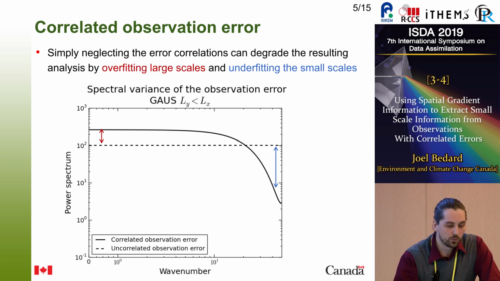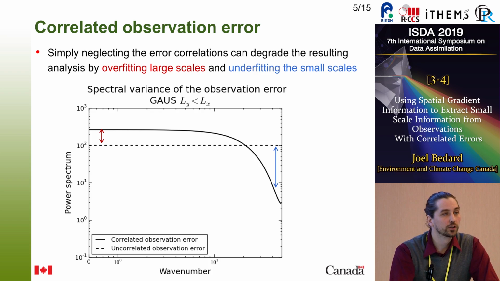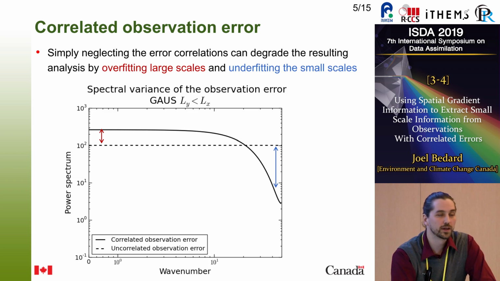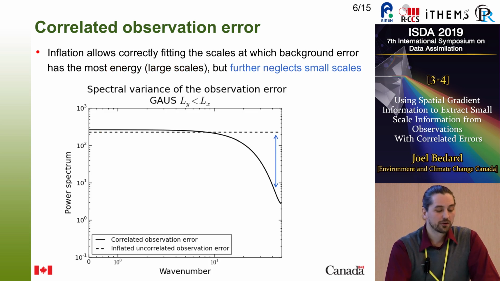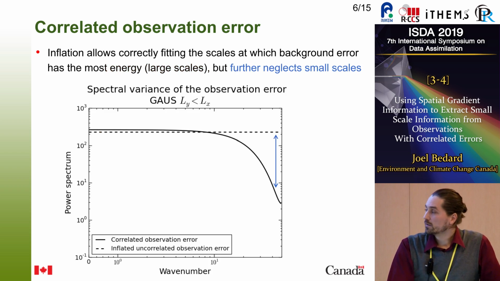And when we make the assumption of uncorrelated observation error, it's like specifying the same error value for all wavenumbers. By doing so, we overfit the large scales, which we see in the red, and we underfit the small scales. This is why we often perform inflation, so that we can correctly fit the scales at which the background error has the most energy, the large scales.